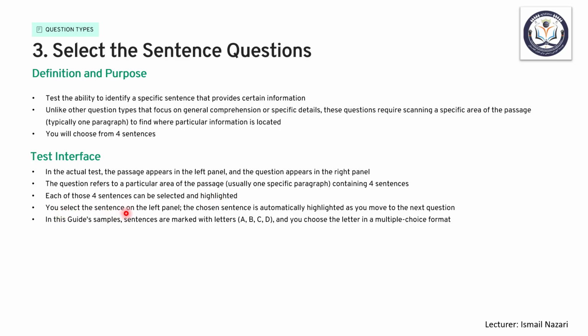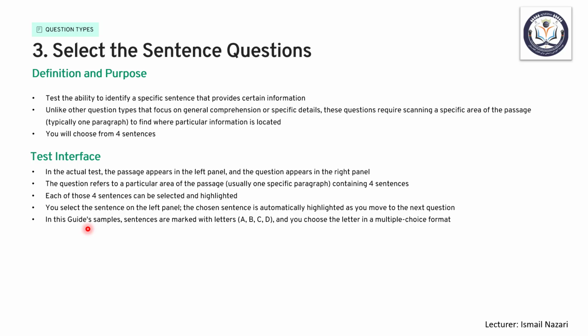So we need to select the sentence in the left panel. The chosen sentence is automatically highlighted as you move to the next question. When you double click on a specific sentence, it means you are selecting that sentence. There are no choices like in the other questions, A, B, C. That's only marked in sample guides.